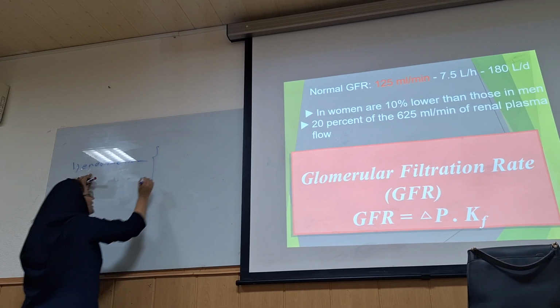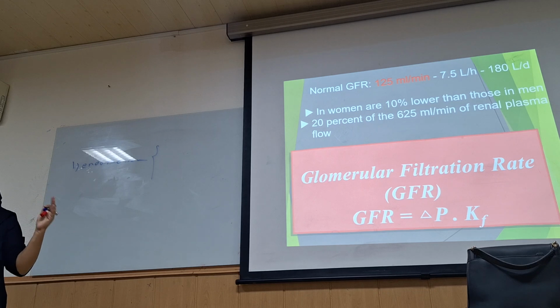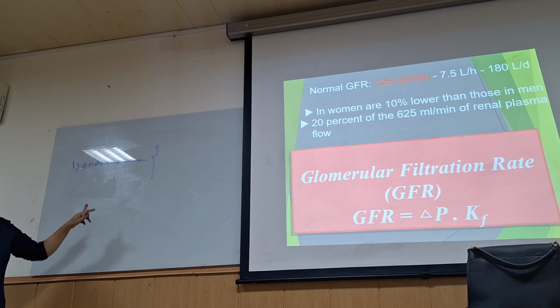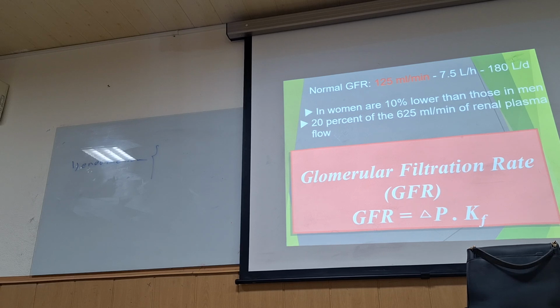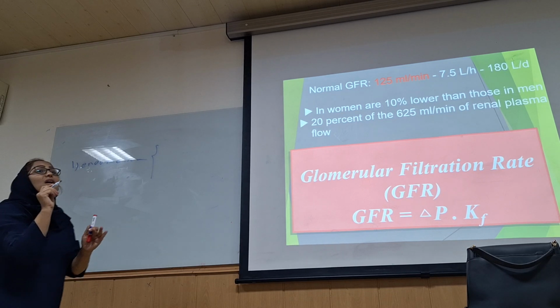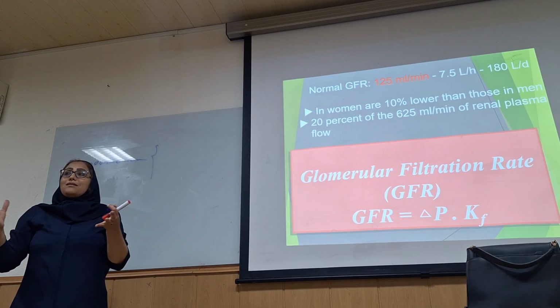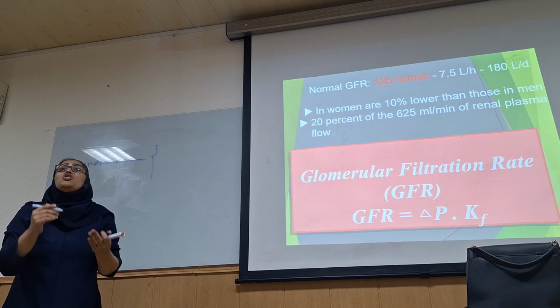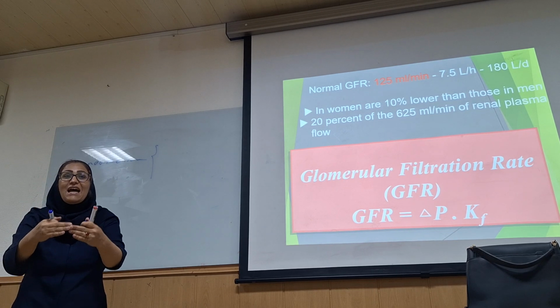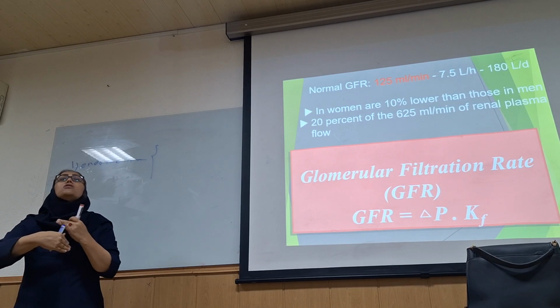Endothelium is perforated here in the kidneys. It has small holes, which allow substances smaller than the holes to cross.